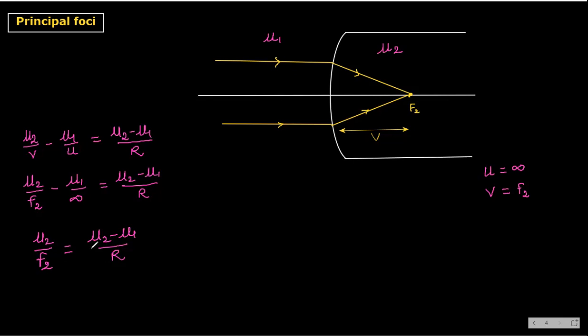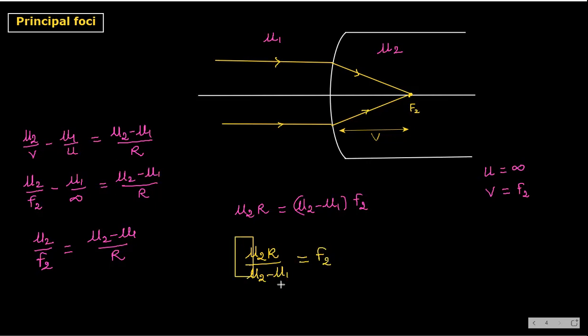From this, can I find out the F2 value? See, cross multiplication. mu2 into R is equal to mu2 minus mu1 into F2. Now this term you transfer here, and what we are getting as formula: mu2 R divided by mu2 minus mu1, this is equal to F2.